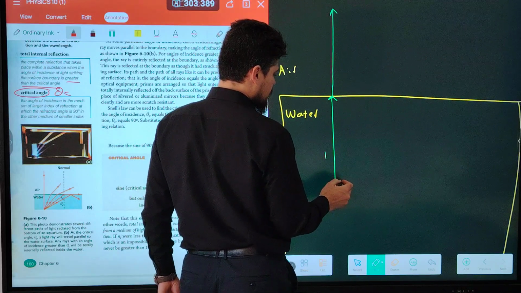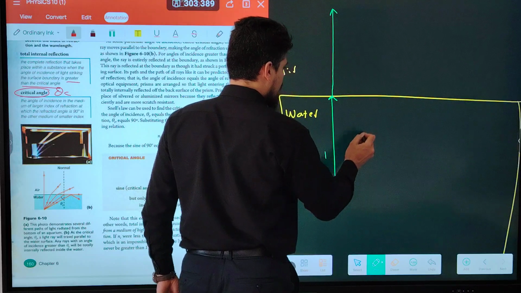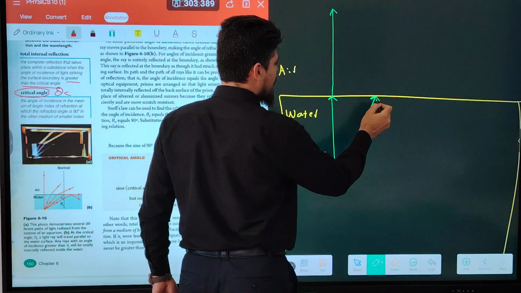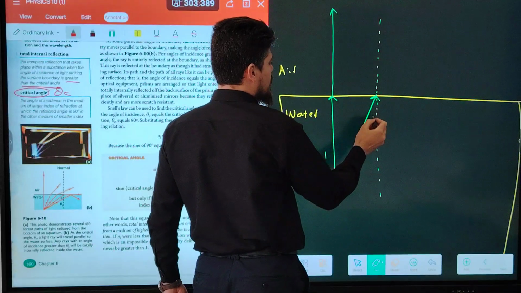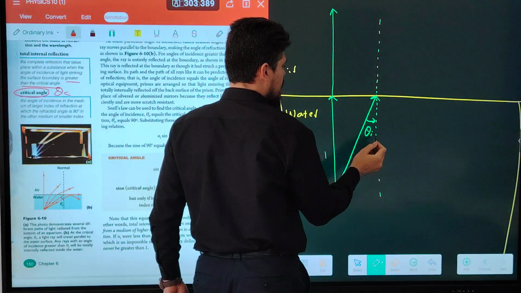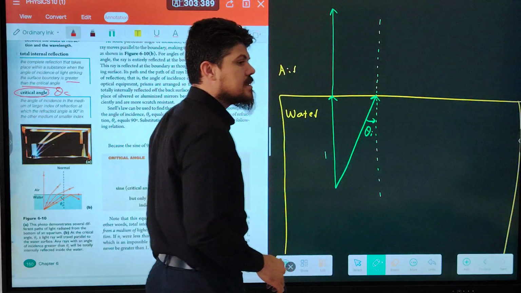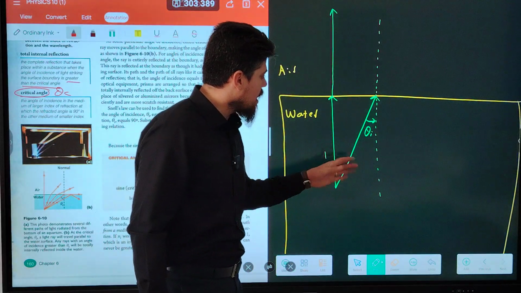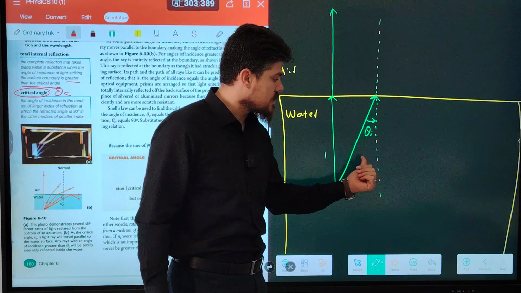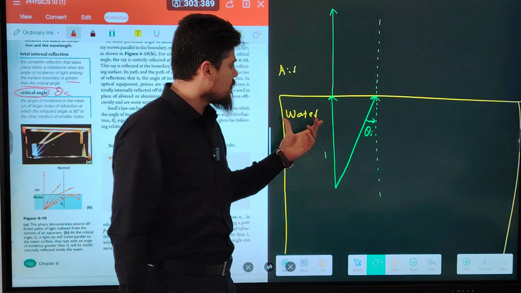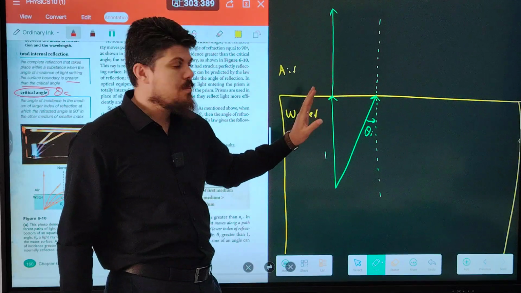This is the first ray. For the second ray, look. The incoming light makes an angle with respect to the normal, this is theta I. What happens to the light? It bends. Why? Because when the light travels at a given angle with respect to the normal from one medium to another medium with different density, the light will be bent.